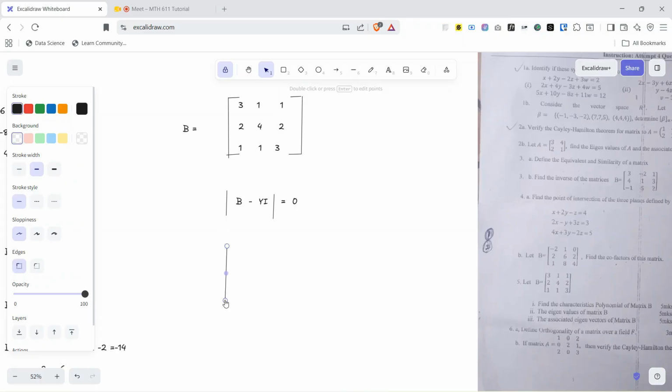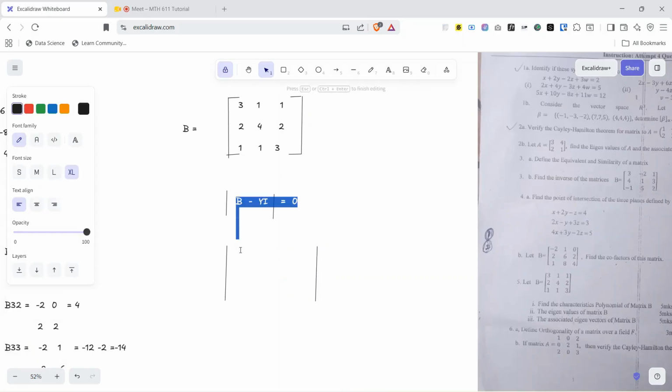So it means we are going to do something like this. We'll have something like this: 3 minus lambda, 1, 1; 2, 4 minus lambda, 2; then 1, 1, 3 minus lambda.